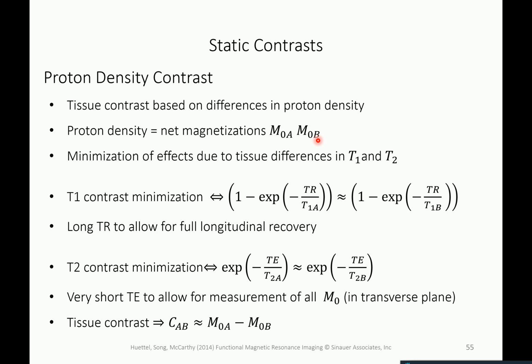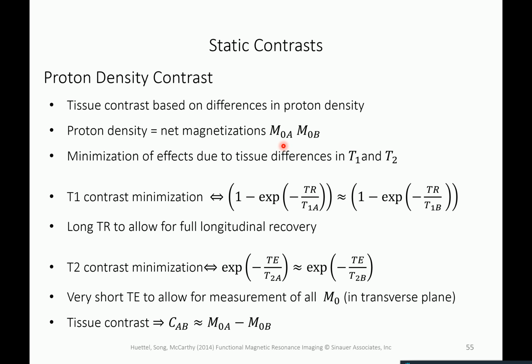So if this is the case, and you want to be able to detect this, then you are definitely not interested in looking at differences that are on top of that induced by differences in these time constants. So the idea is you want to focus on proton density.